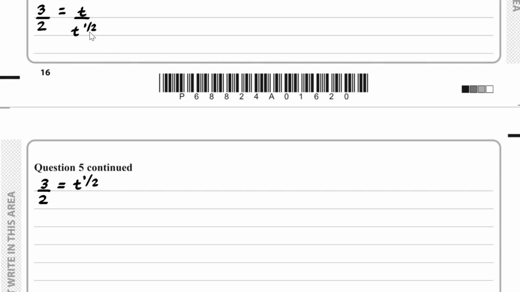Of course, t divided by t to the half is just t to the half. And if we square both sides, we can conclude t is equal to 9 over 4 seconds.